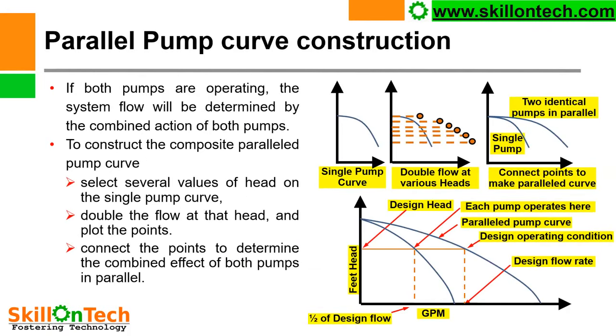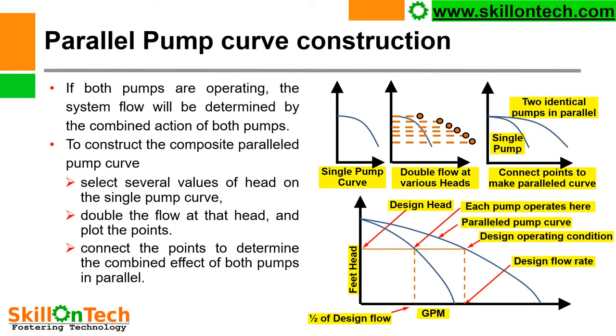In this slide we will see parallel pump curve construction. If both pumps are operating, the system flow will be determined by the combined action of both pumps. To construct the composite parallel pump curve, select several values of head on the single pump curve, double the flow at each head and plot the points.